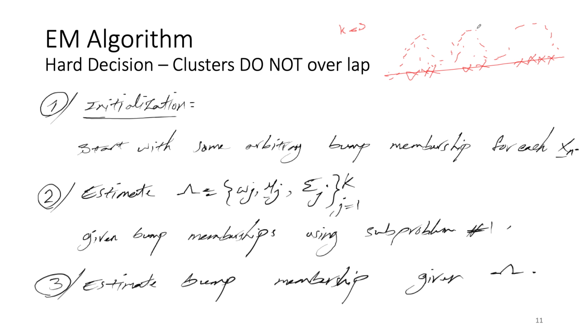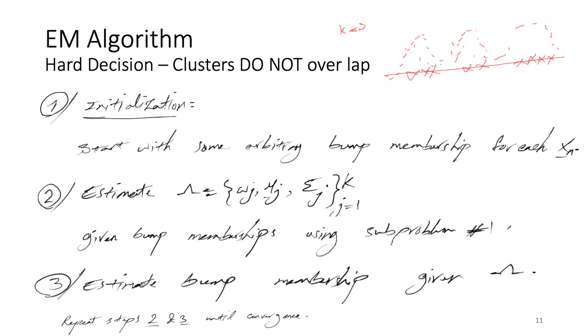So it's just like an egg and chicken problem. You start with arbitrary clusters. You find which of the points belong to each of those clusters, and then after you add those points, you want to find the best estimate of a new set of clusters given those points again. So it's egg and chicken all over again, and you want to iteratively repeat steps number 2 and number 3 up to convergence, right?